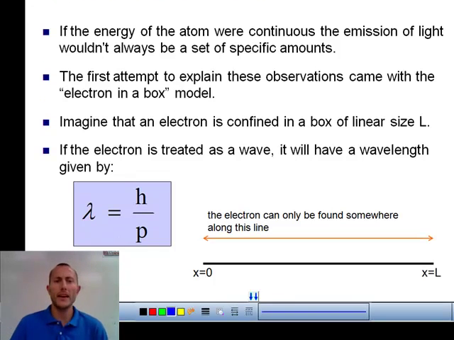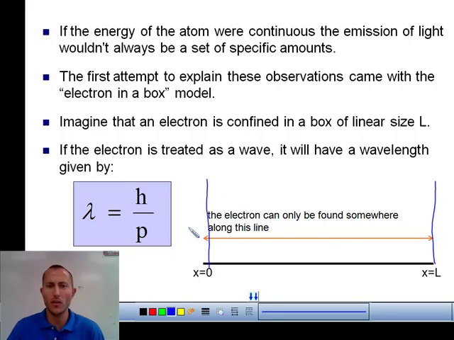So let's imagine that the electron is confined inside of a box that has some length that we're going to call L. And let's, for simplicity's sake, imagine that it's just a one-dimensional box, and that's what we have here. And somewhere along this line here, we're going to find our electron, somewhere between a point x equals 0 and x equals L, which is the length of the box.